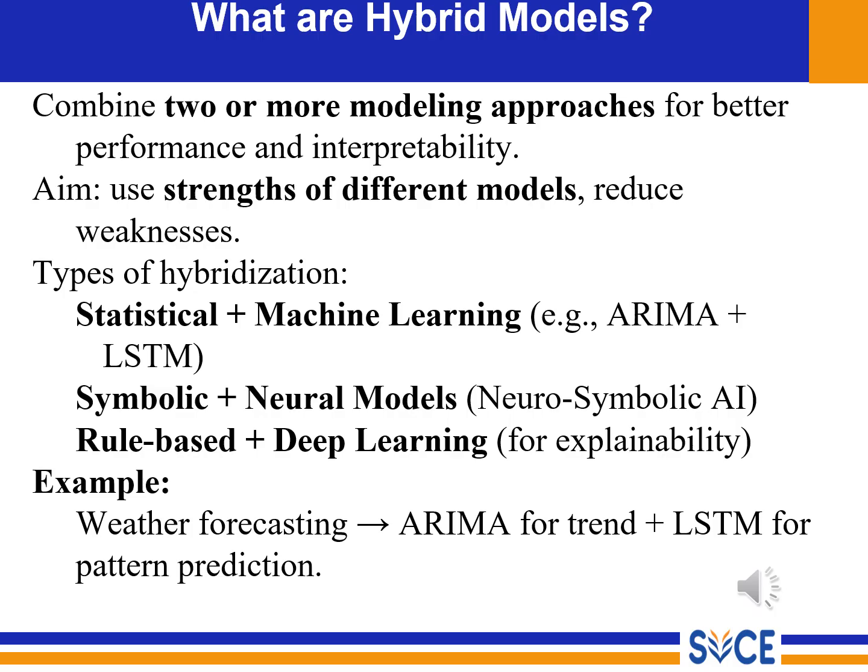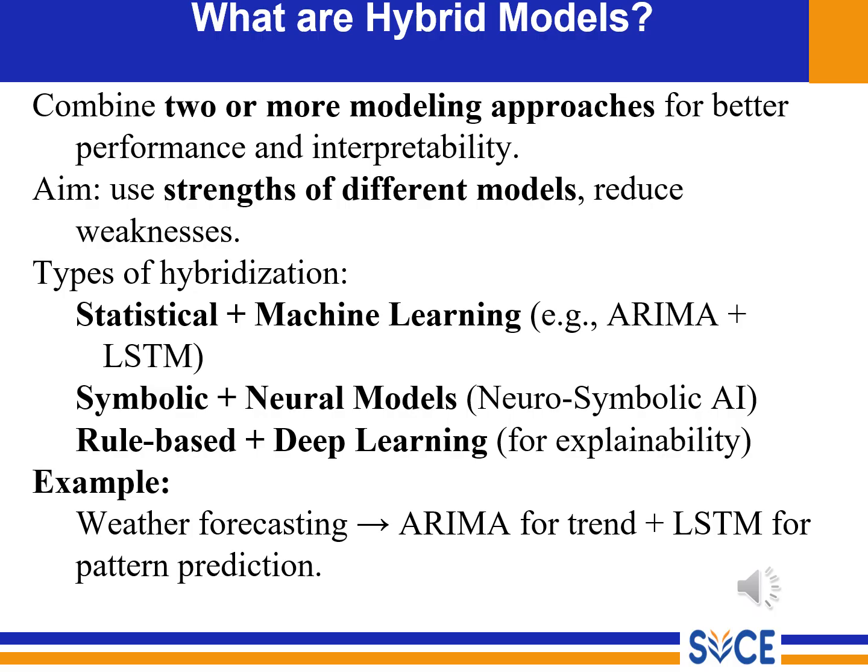LSTM is good at complex, non-linear patterns and time series dependency. When we combine ARIMA plus LSTM, we get trend prediction and pattern learning. This is very useful in weather forecasting, stock prediction and energy demand.